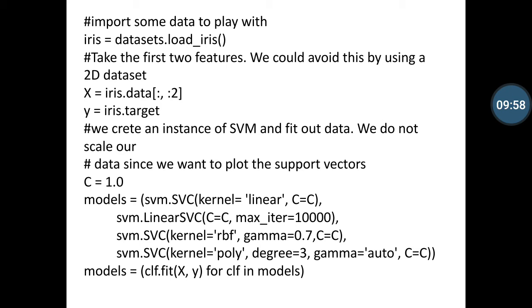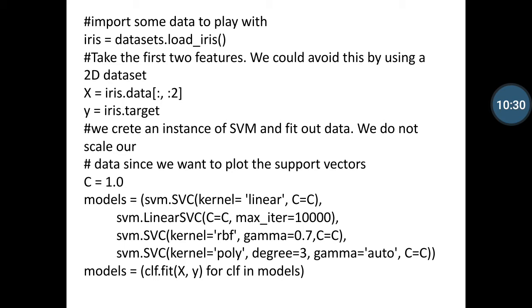Then we define a regularization parameter. We create an instance of SVM and fit our data. We do not scale our data since we want to plot the support vectors, so we can use C is equal to 1.0. Then I define the model that is used to make the support vector machine graph.